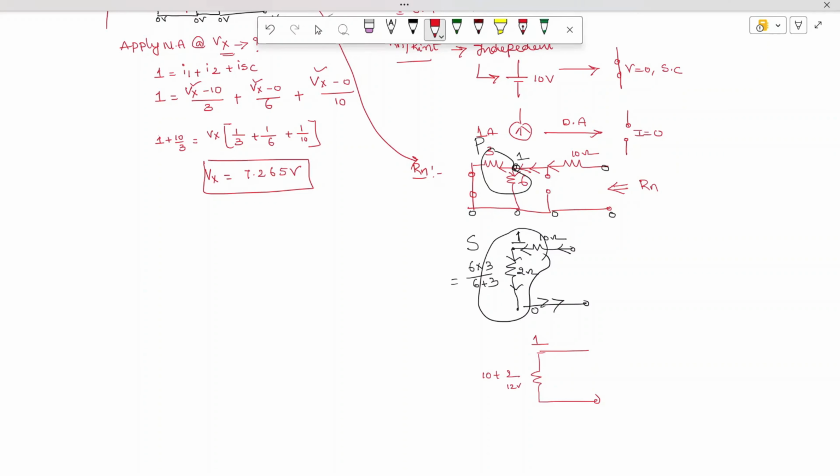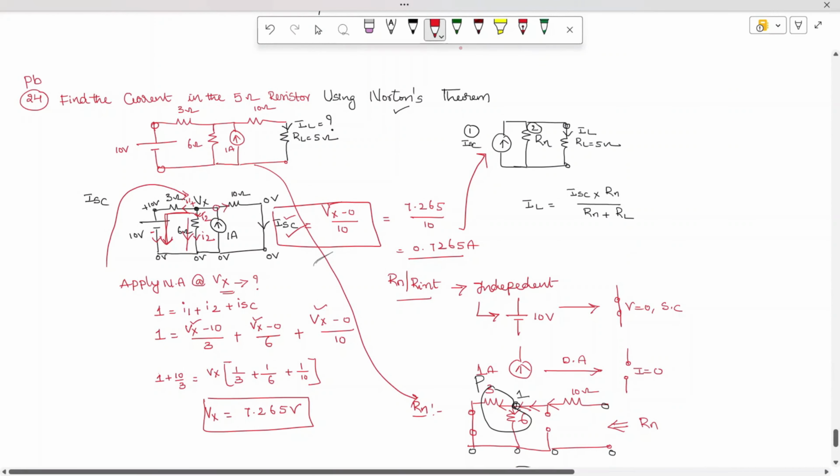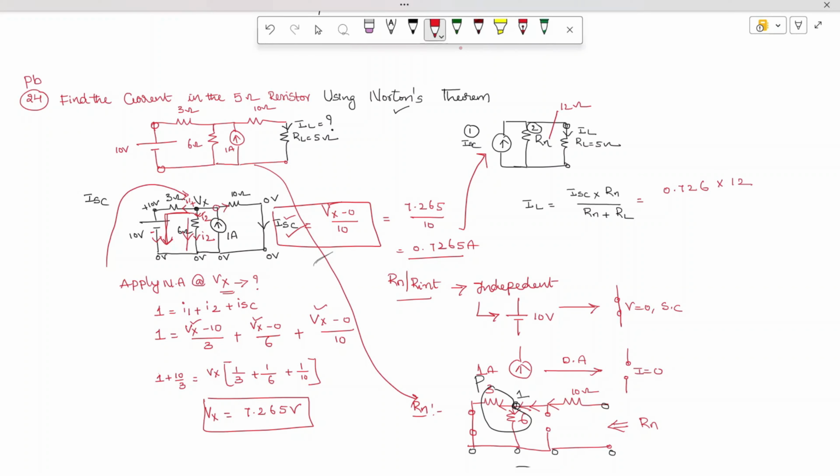Here you are going to get 12 ohm, and this will be the value of Norton's resistance, which is 12 ohm. Same circuit you have. So what is the ISC value? 0.726 into Norton's 12 divided by 12 plus 5.